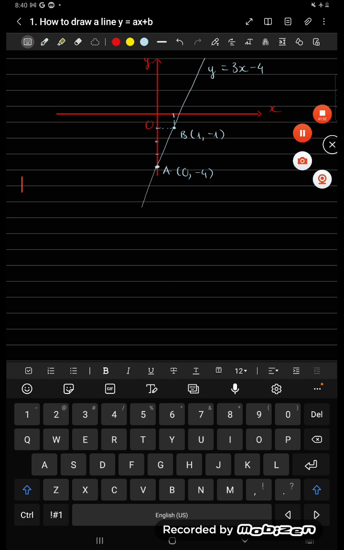So in the first lesson they give you a line and ask you to draw it. We already learned that. And next time we will go over how to write an equation of a line if they give you 2 points, a slope, or an x-intercept or y-intercept. Okay, so let's stop here.